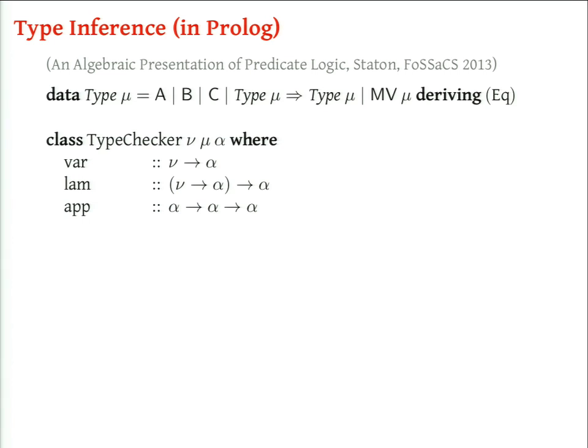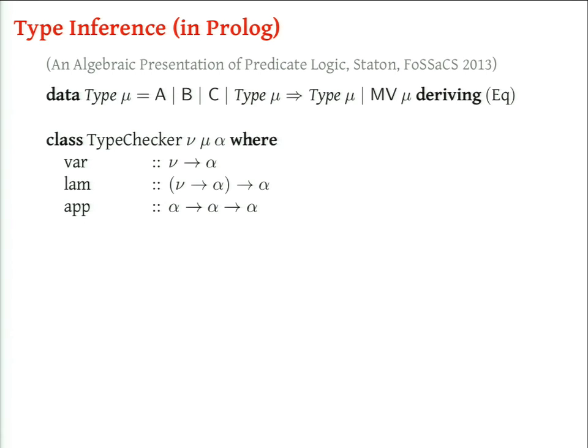Another nice variant of treating type checkers as effectful computation is an adaptation of this other nice paper by Sam Staton, an algebraic presentation of predicate logic, where he uses this formalism of algebraic effects with name generation to give a kind of algebraic representation of Prolog.